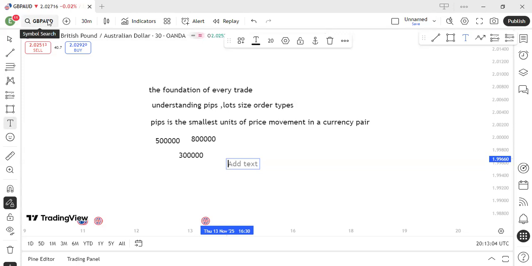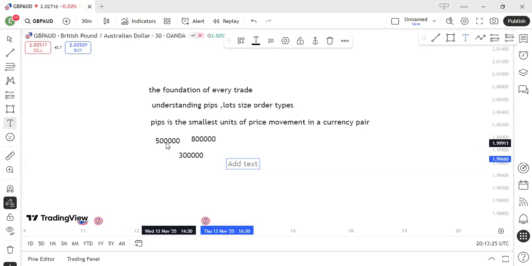I don't need to explain what a currency pair is, but if you don't understand, go back to the last class. When the two currencies, pounds and Australian dollars, come together, it is a currency pair. Pips is the smallest unit of price movement in a currency pair. Because it's two, it's called a pair.